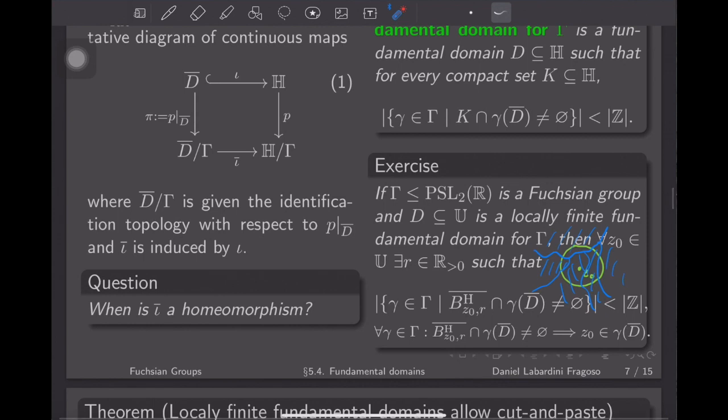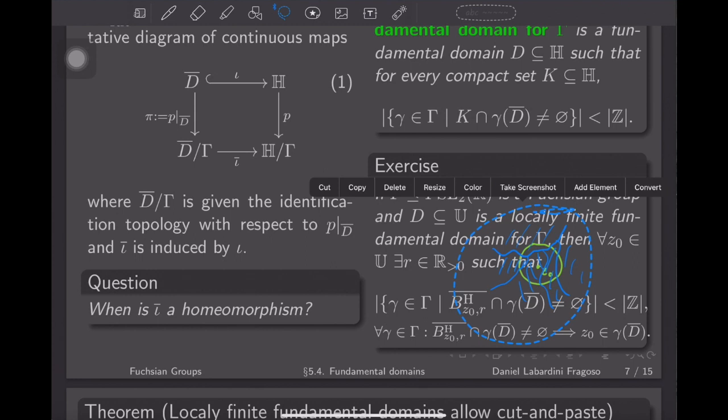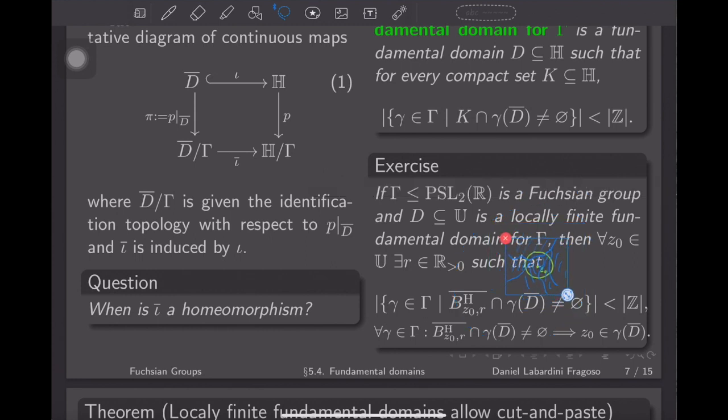This may sound a bit intricate, but we're going to resort to it quite a few times. So around each point in U, there exists a sufficiently small compact disk with the property that the number of gammas that make it overlap is finite, but also every time some gamma makes it overlap, it is because Z naught itself was already there.